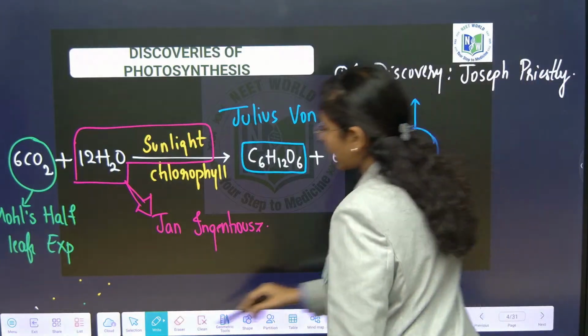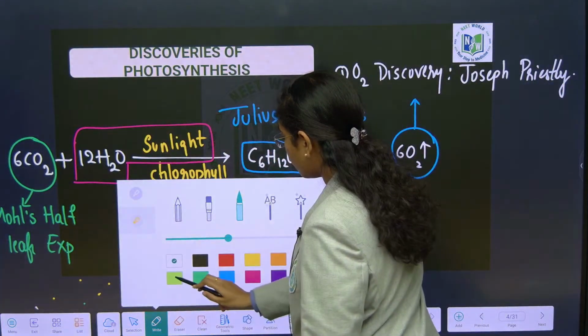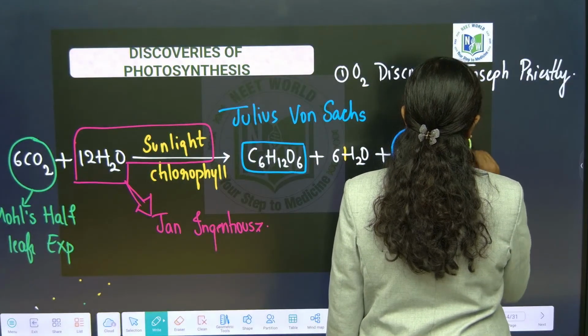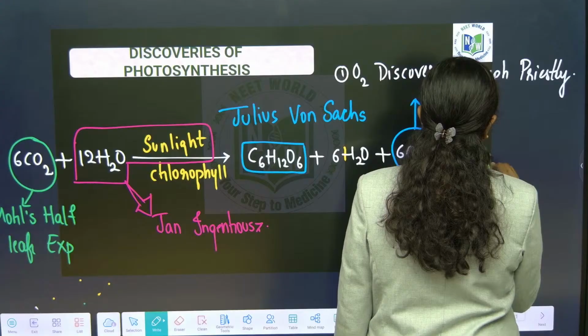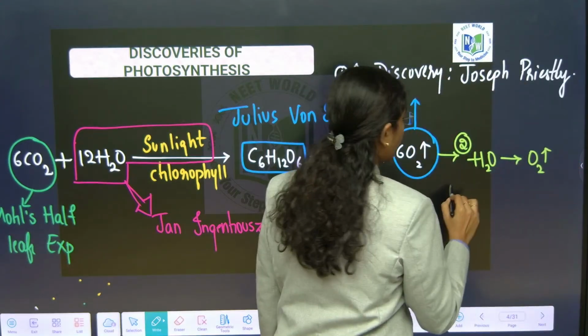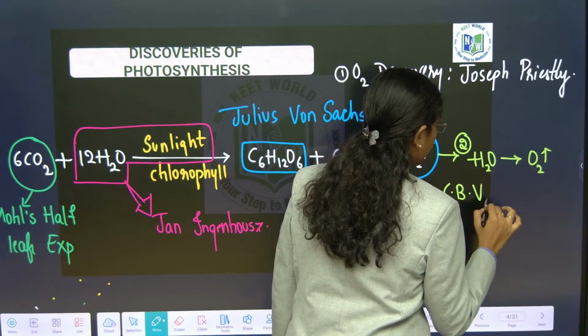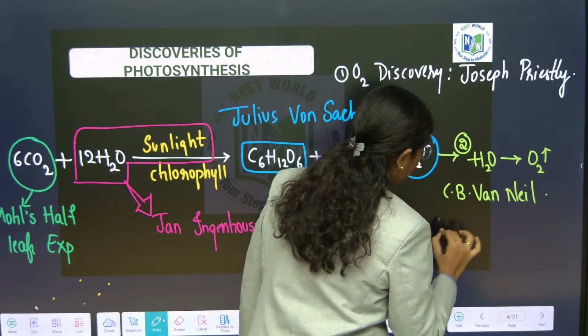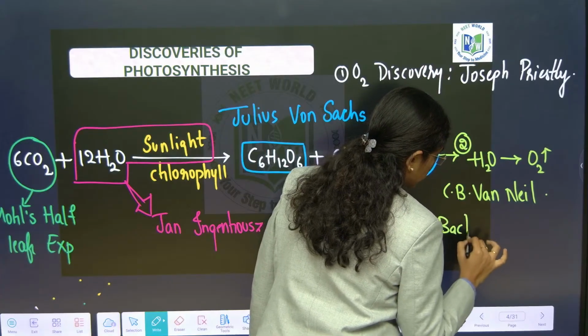Fine. Second, oxygen evolved from water. This is said by whom? C.B. van Niel, by conducting bacterial photosynthesis.